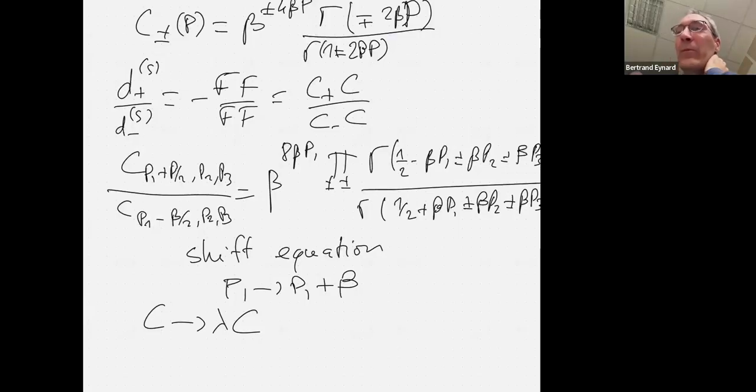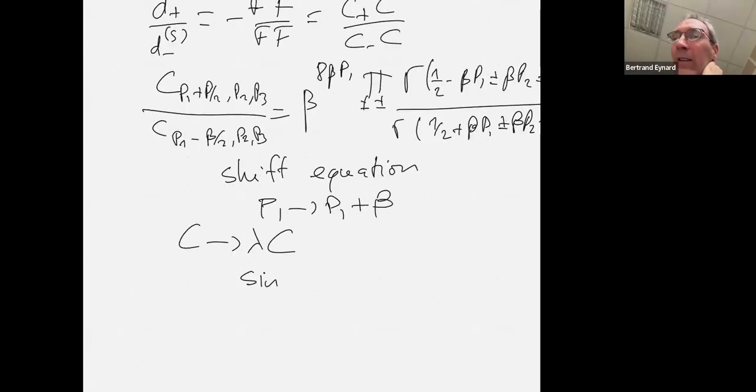There exist a lot of periodic functions. Like I could write to you sine of 2 pi beta inverse P1. So this function is invariant under this shift P1 goes to P1 plus beta.